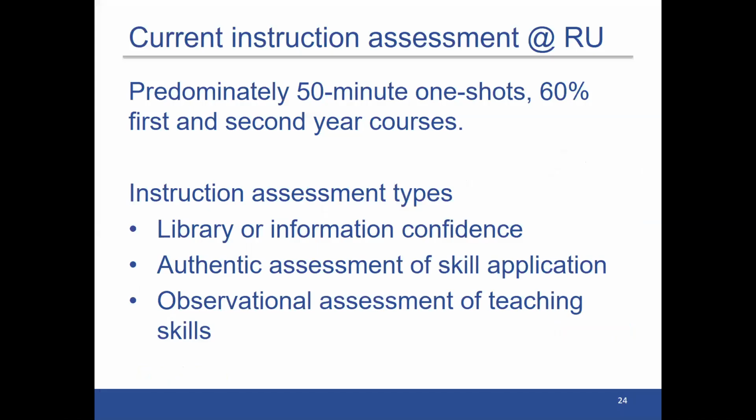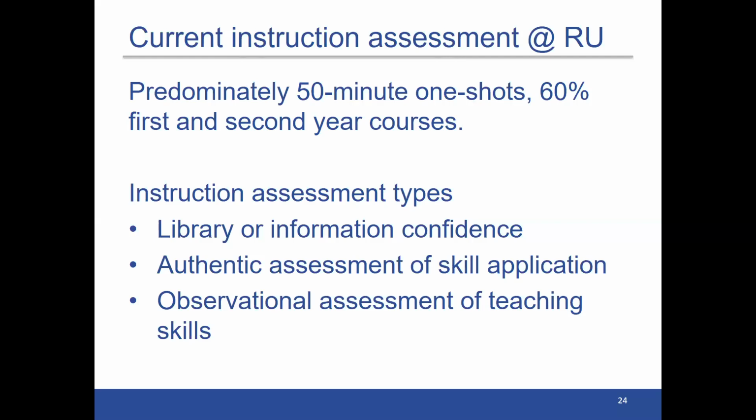So to give you some background, we do, as many of you, predominantly 50-minute one-shots, and about 60% of our classes historically have been first and second year courses. Some form of gen ed. We seem to be a university that likes to change our gen ed rather frequently, as well as other first and second year courses.